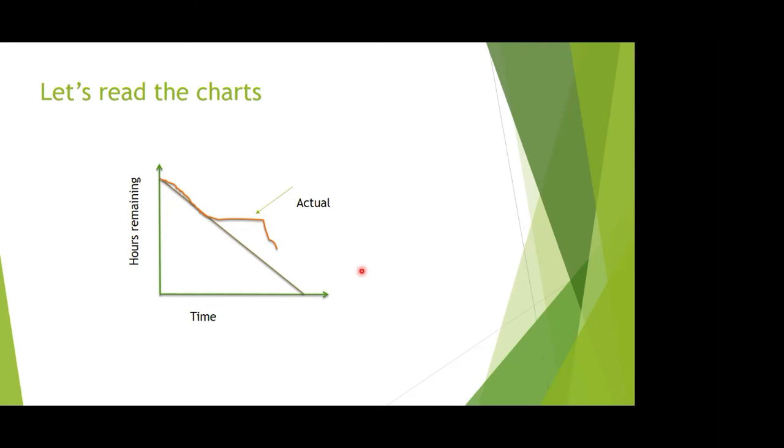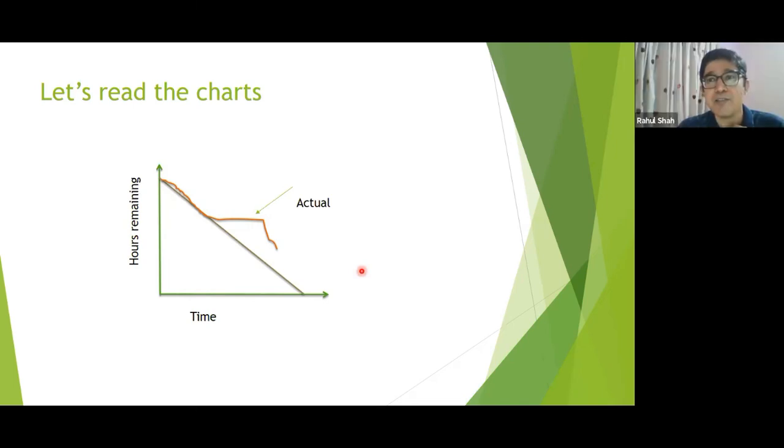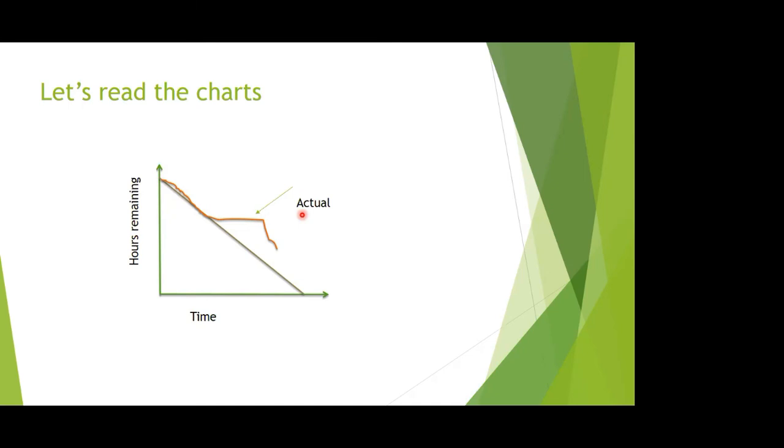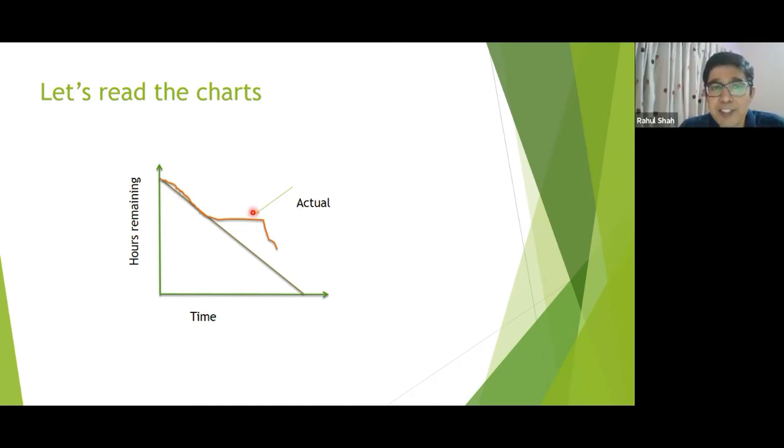There are some risks which have materialized, and the mitigation was put in place later, and that's why it's coming down again. So we have to focus on whether the graph is going down at a slower pace, a faster pace like this, or not moving at all. This is something like not moving at all, right? Maybe everybody's work is impacted.